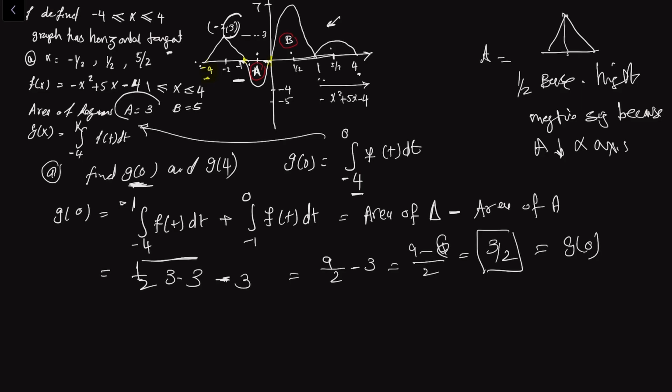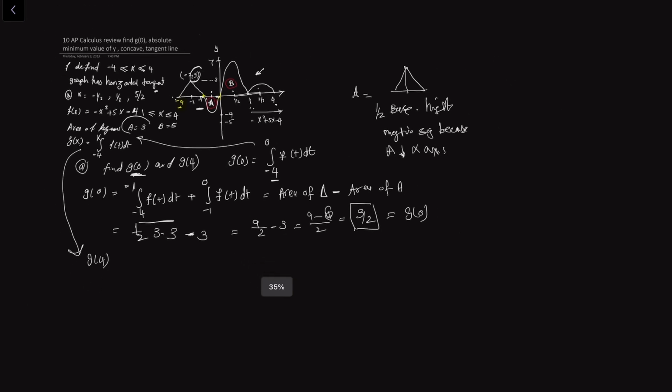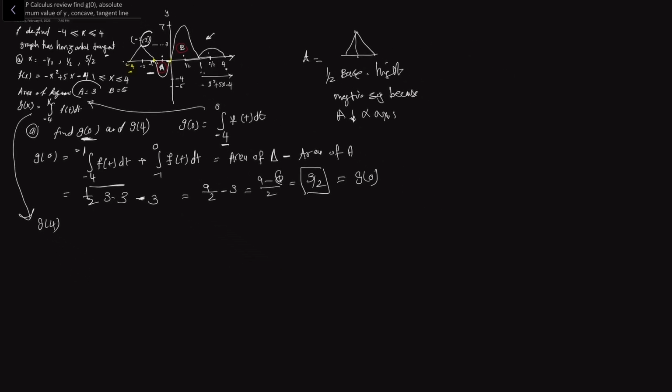All right, then let's get g of 4. For g of 4, we substitute back into the same equation: the integral from -4 to 4 of f of t dt.